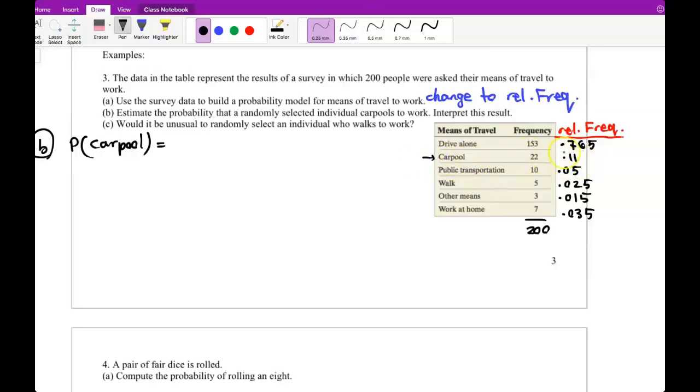So in other words, this column is what I have for probability.